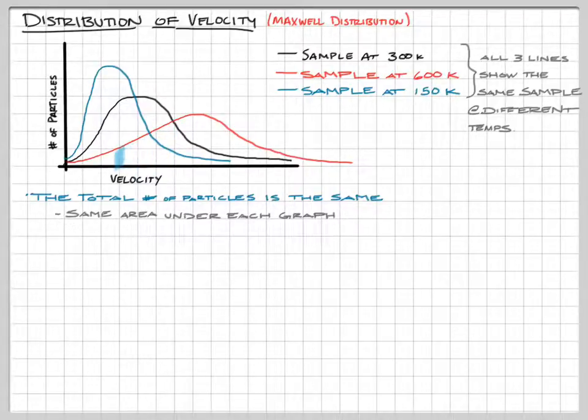That's what I mean by the area under that graph is the same. So since each of these graphs represents the same number of particles, all of their areas have to be the same. That's why when we heated it up, it flattened out. Even though it covers more possibilities for velocities, I have fewer particles at each velocity, because I still have to have the same number of particles.